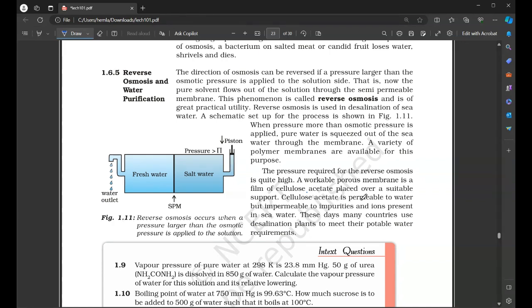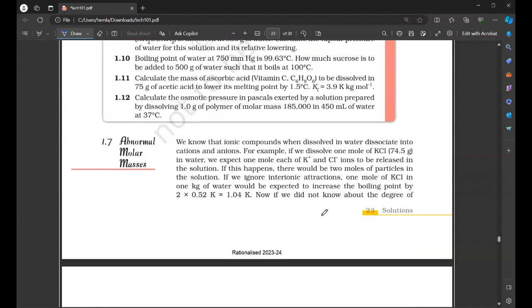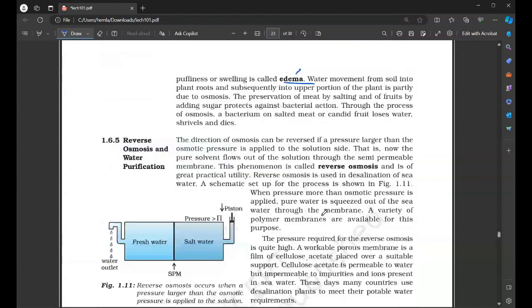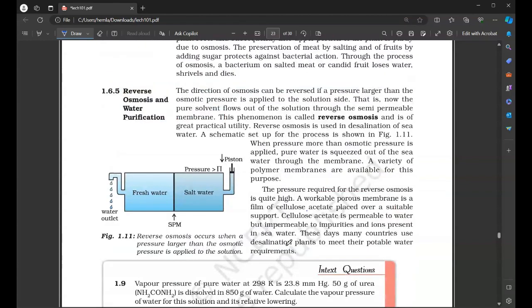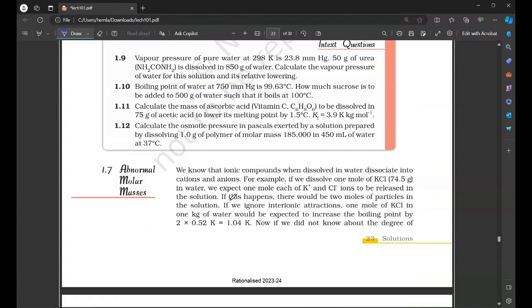These days, many countries use desalination plants to meet their potable water requirements. So this is reverse osmosis, and this is one application of it, RO for desalination. It can be quite an important topic. This is the next question.